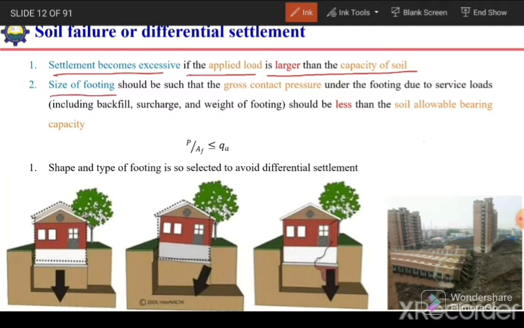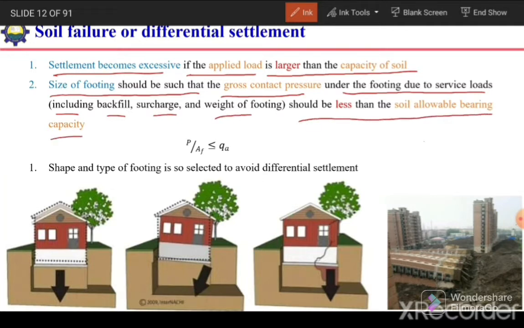The size of the footing should be such that the gross contact pressure under the footing due to service loads, including backfill, surcharge, and weight of footing, should be less than the soil allowable bearing capacity. If we satisfy this condition, our structure will be safe against soil failure.